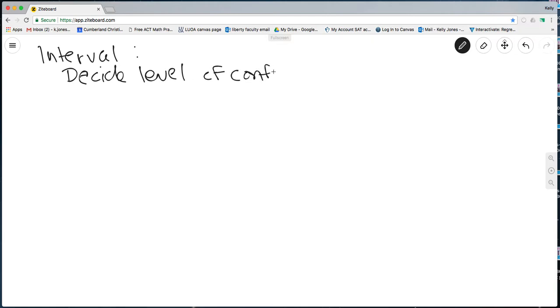Because remember, there is a table in the back of your book that tells you what the different z values are that you're going to be using, depending on what the confidence level is. Some confidence levels that we've seen are the 95% confidence level. The book had you do a 99% confidence level for one of the tests. I've seen maybe a 90% sometimes. So there are different values, and of course your table has even more than that. And they correspond to some kind of z-star value that we're going to be using.